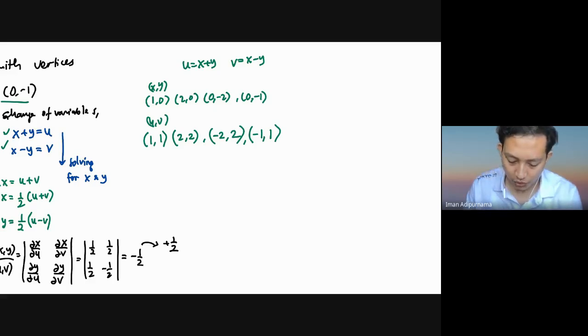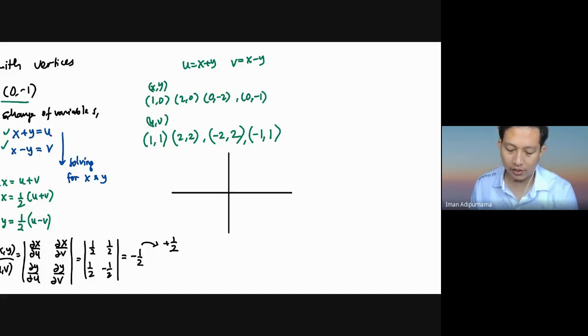And you can actually draw this if you want. And look what the transformation is from this new coordinates for u and v. So this will be v, and this will be u.